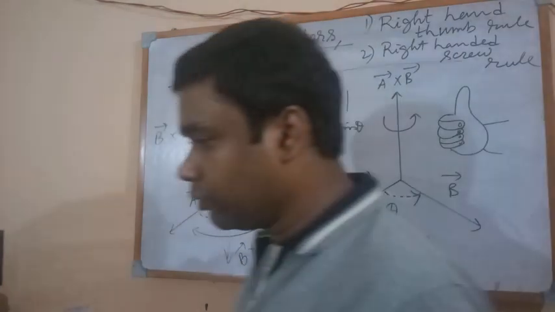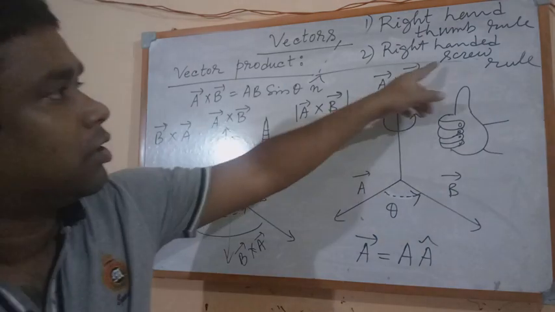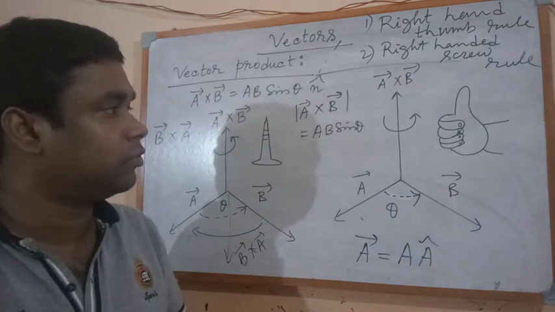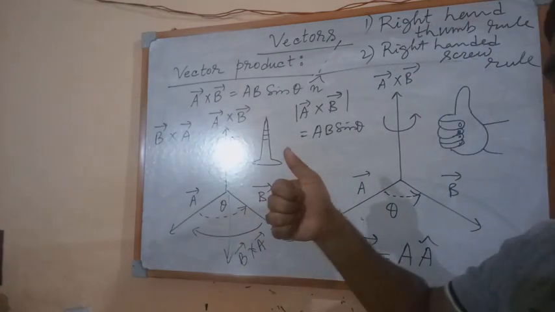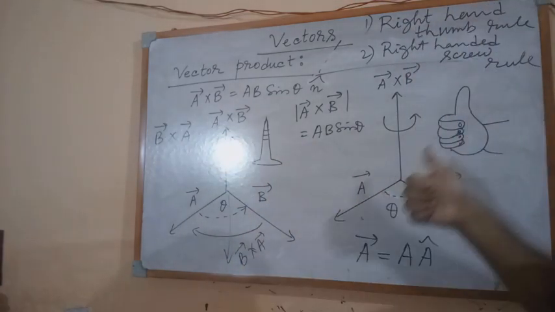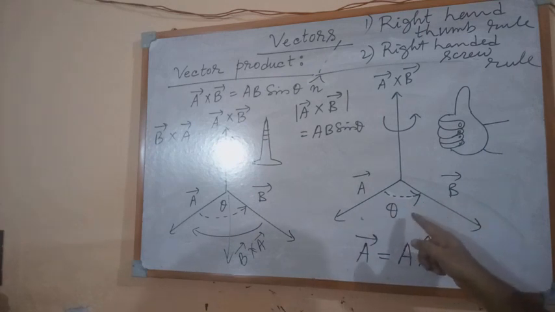Now we have to know the right hand thumb rule. We have to take the right hand like that. Here this is A vector, this is B vector. This is the angle theta between A vector and B vector.